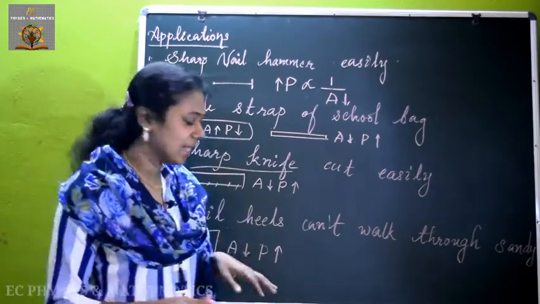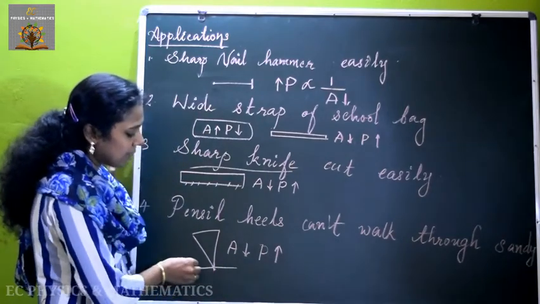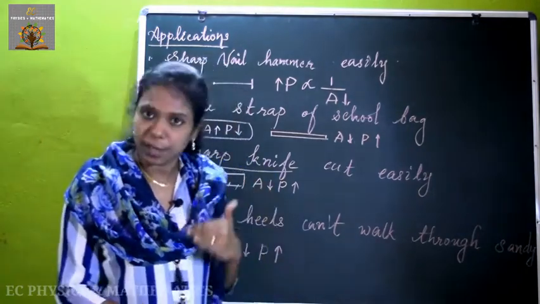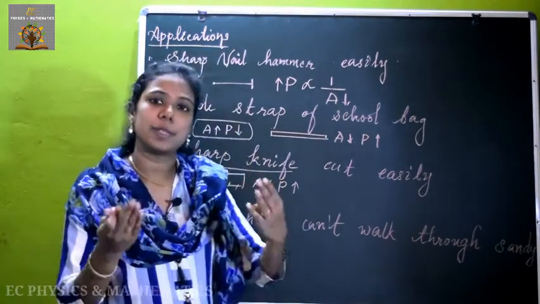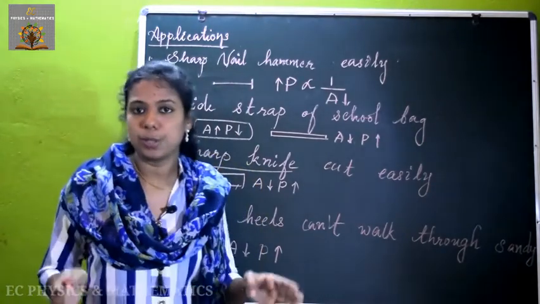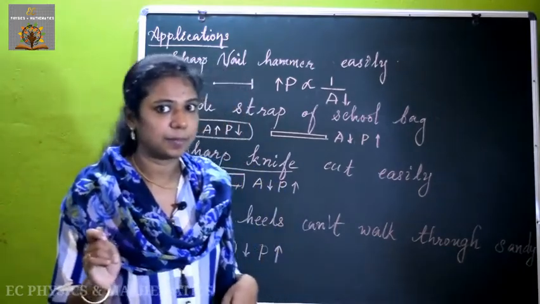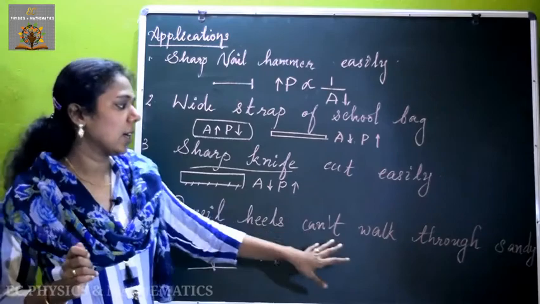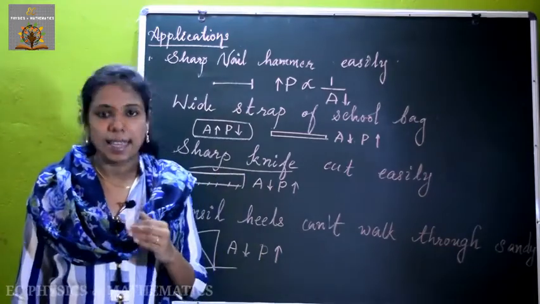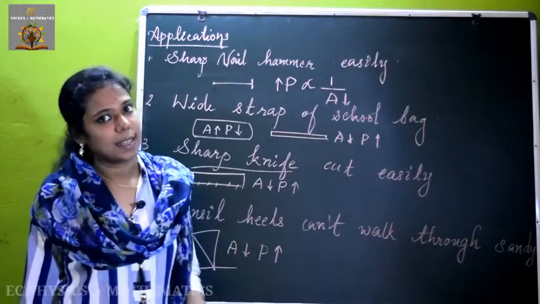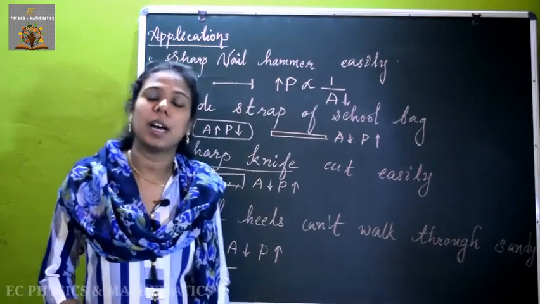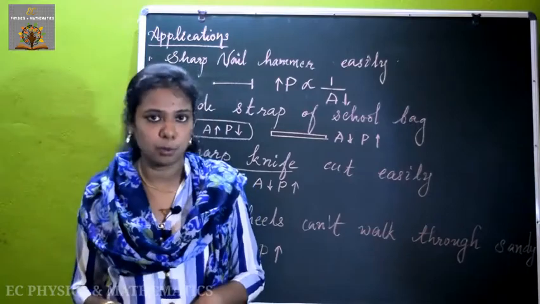If pressure increases, the heel will enter into the sand very fast. It will penetrate into the sand, so we can't move smoothly through the sand. So we use broad shoes for walking along the sand. If area is less, pressure is high, so it will penetrate into the sand and we can't walk smoothly.